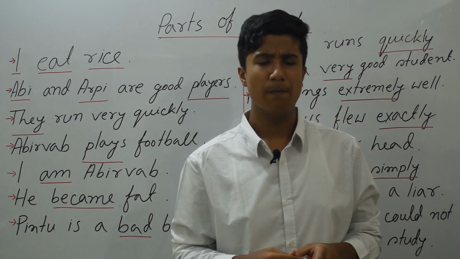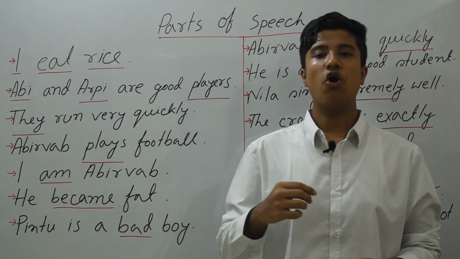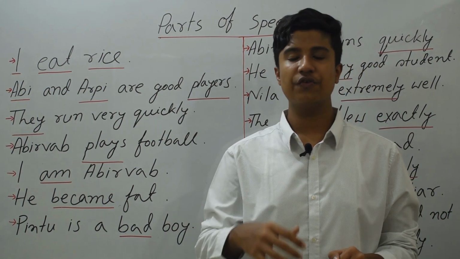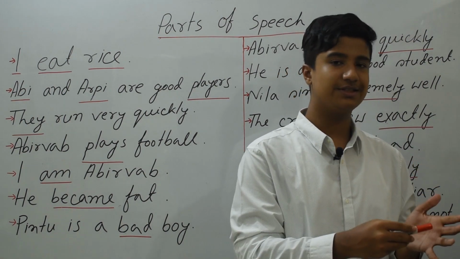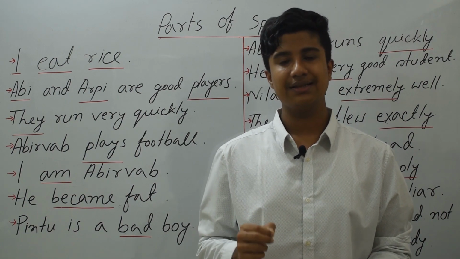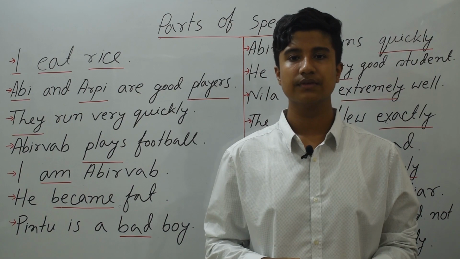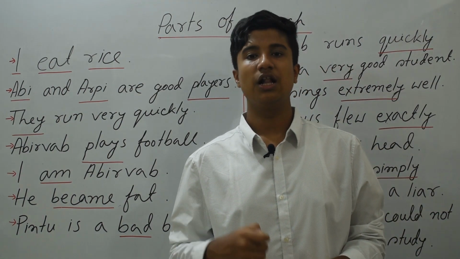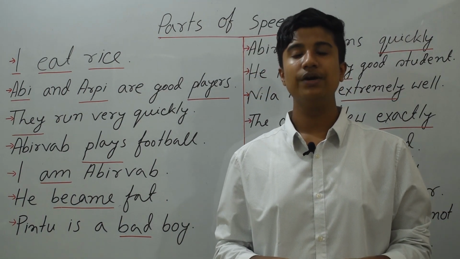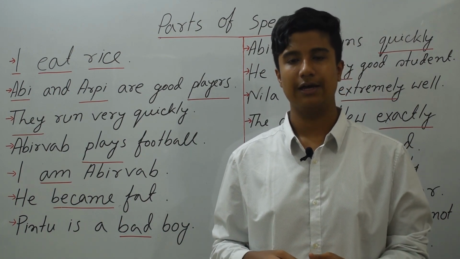Pronoun. Pro, meaning instead of or in the place of, plus noun. Often using the same name over and over again, for example, Abir does this, Abir goes there, Abir likes this, can annoy the speaker and the listener, and they can get bored after a while. Again, we come across a long name sometimes which writing over and over again can be very hard and annoying.